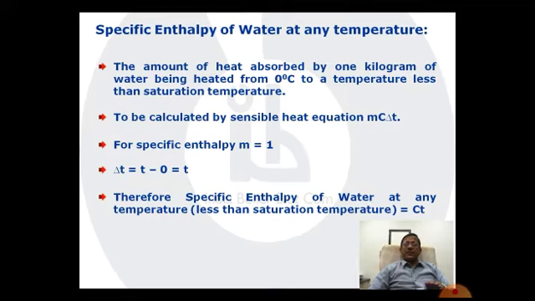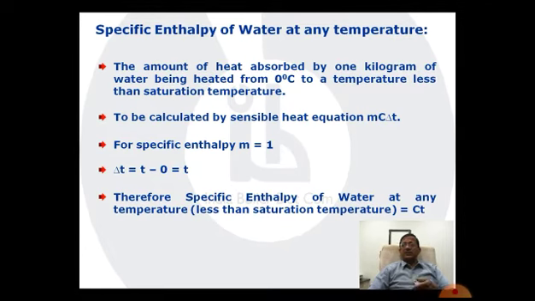You have to understand that at your pressure, for example, if I say that at 10 bar pressure my water temperature is 150 degrees centigrade, what is the enthalpy of that water? Now I need to remember at 10 bar pressure the saturation temperature is 179.9, close to 180. Therefore 150 degrees centigrade water is not yet saturated water.